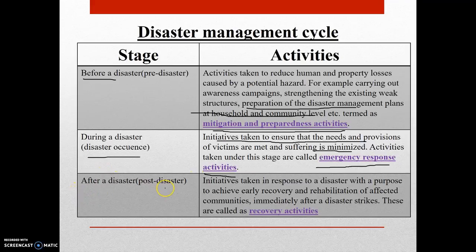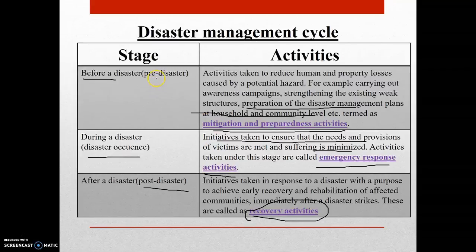After a disaster, that is post disaster: initiatives taken in response to a disaster with the purpose of achieving early recovery and rehabilitation of affected communities immediately after a disaster strikes. These are called recovery activities.